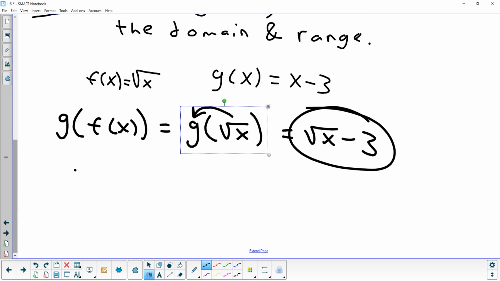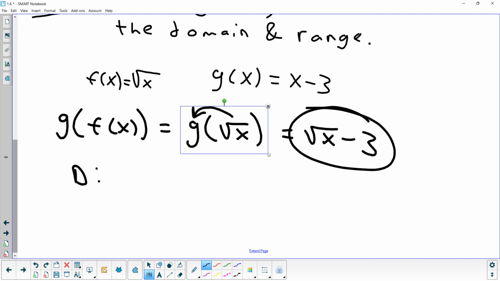Now, let's see if we can get the domain. To get the domain, we always start with what? What's the first thing we want to look at for the domain?